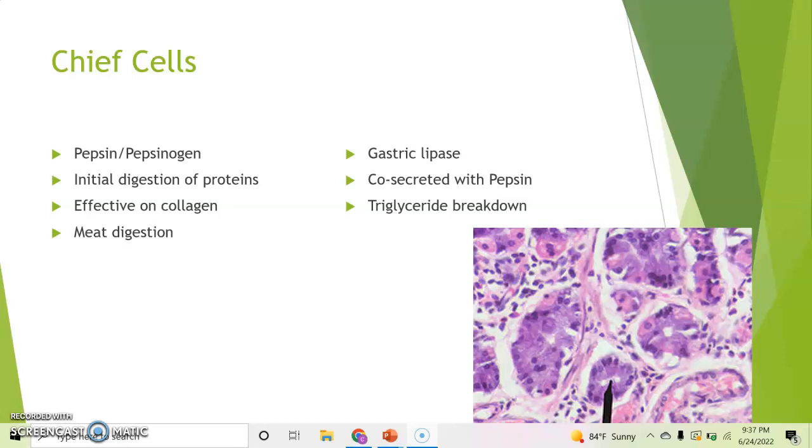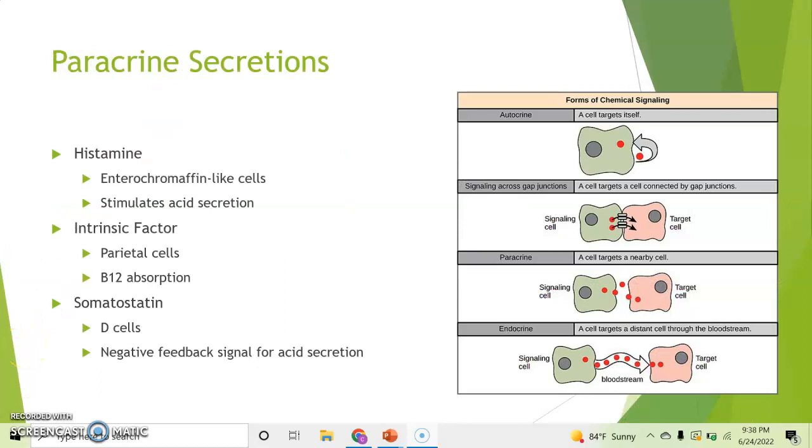One thing that's interesting is pepsin works well on collagen, so therefore it works well to digest meats and other proteins.